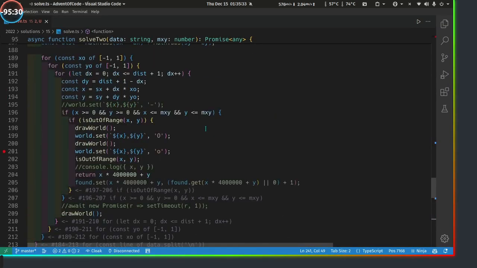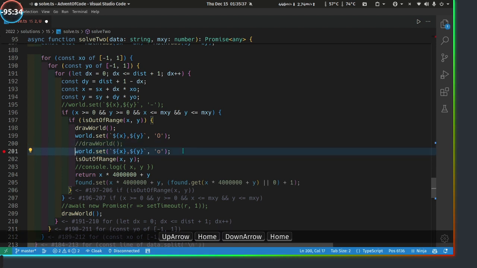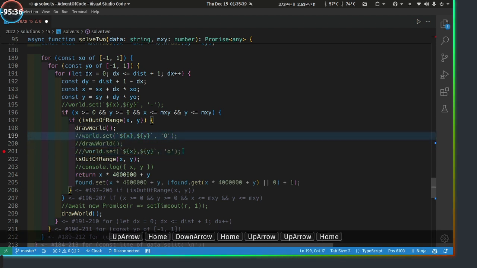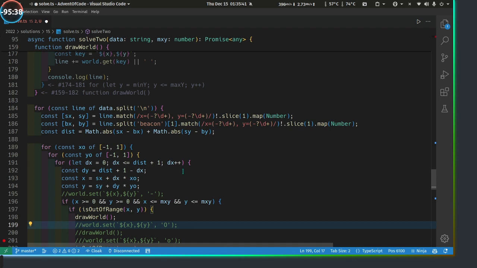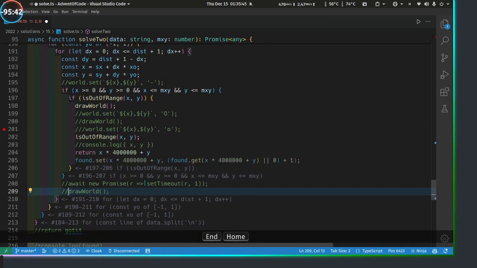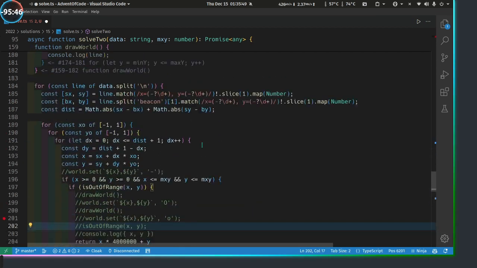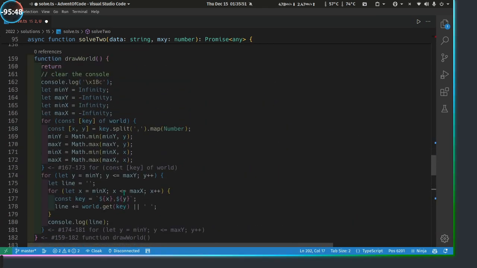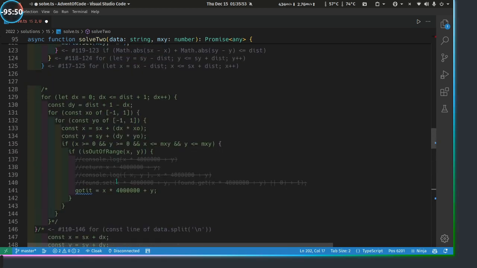This is correct. Now we need to be more optimized. Firstly, we don't draw on the world anymore, since we literally don't need that at all. So stop drawing, stop doing all of this. Time to rip all this code out so we can actually run it now.